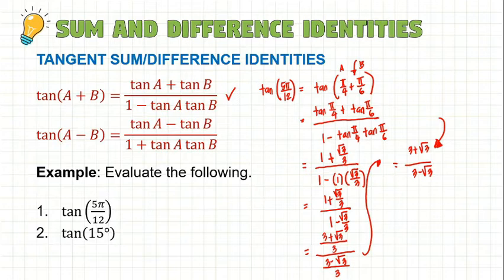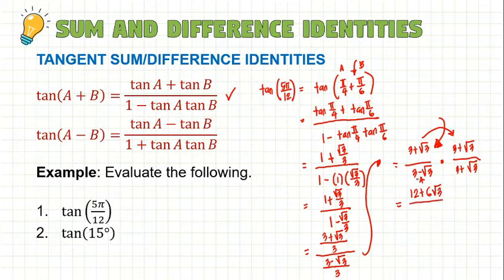To rationalize this one, we will just multiply the expression by the conjugate of the denominator. So we will have 3 plus square root of 3. So you will just change the sign here. Okay, so we have 3 plus square root of 3. Now, 3 plus square root of 3, multiply it by 3 plus square root of 3. Just check this one. The answer is 12 plus 6 square root of 3.